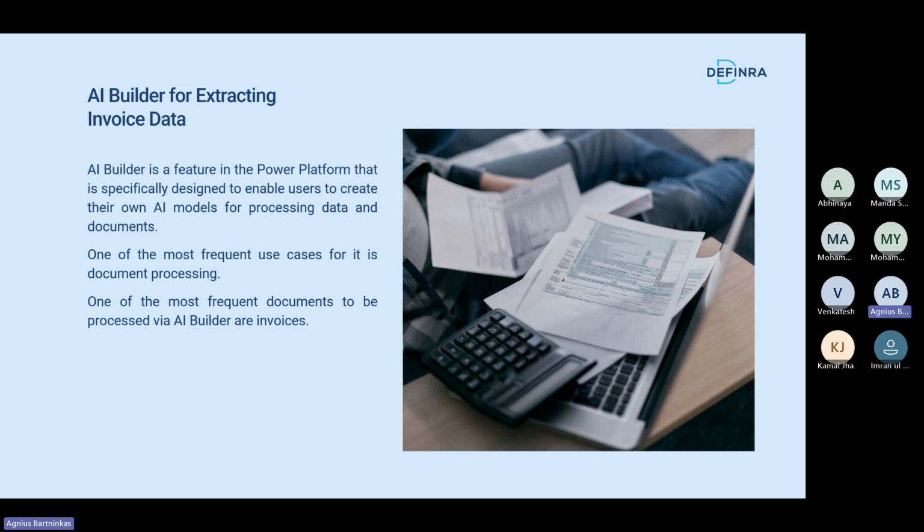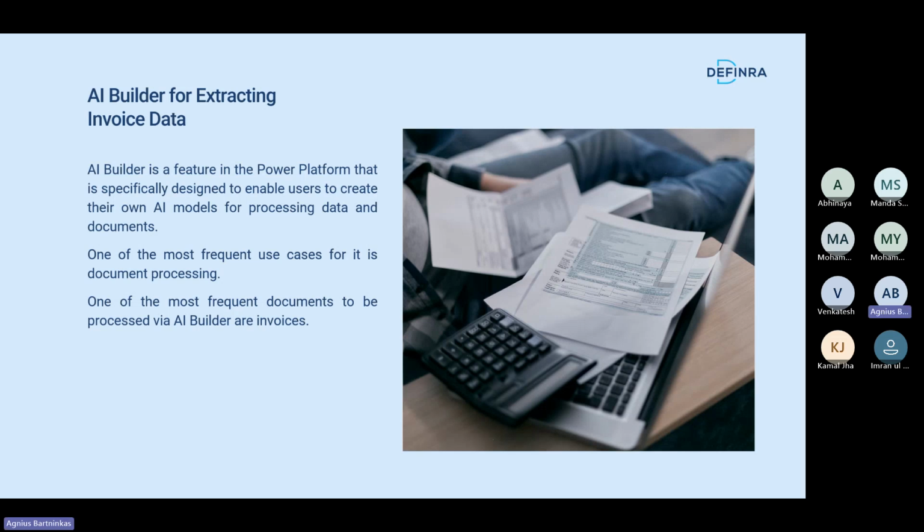The AI Builder is a feature in the Power Platform that is specifically designed to enable makers and users to train their own models that can then process documents, process data, and fetch whatever information is needed from unstructured contents.